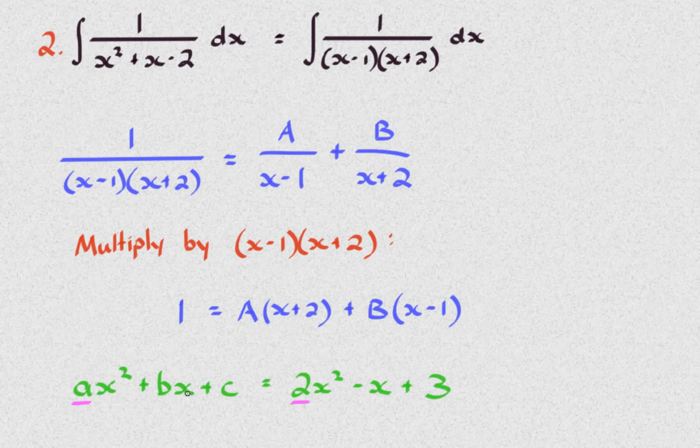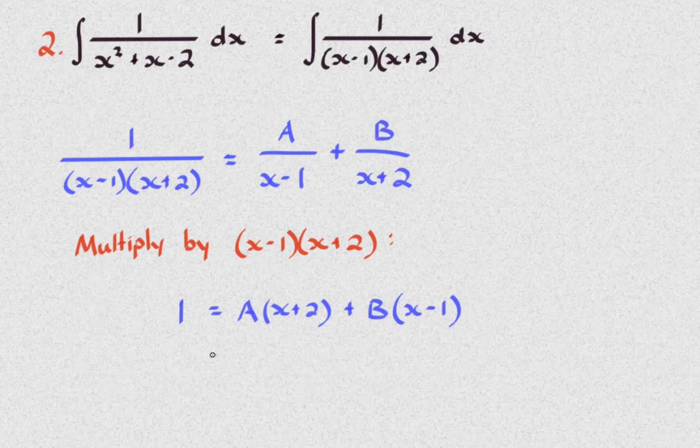The coefficients of x, b and negative 1, so b equals negative 1, they must be equal. And finally, the coefficients of x to the 0, the constants, they must be equal. So c equals 3. So equating coefficients is the way in which we can work out multiple unknowns with just one equation. So let's do that with our question.